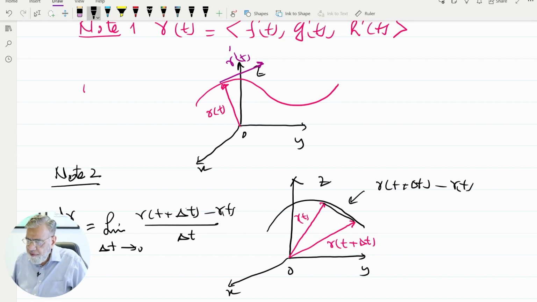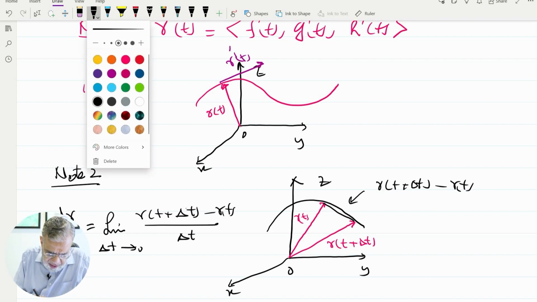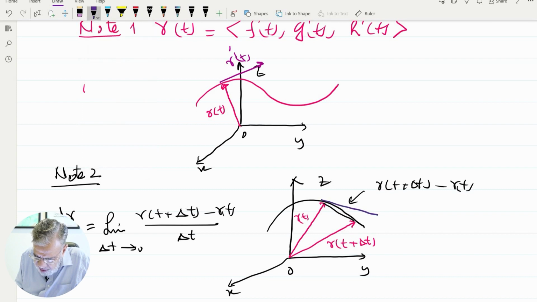Now I can have more ideas related to that. If I define this r of t, then this is my r dash, as this goes to 0. So this is my r dash of t.